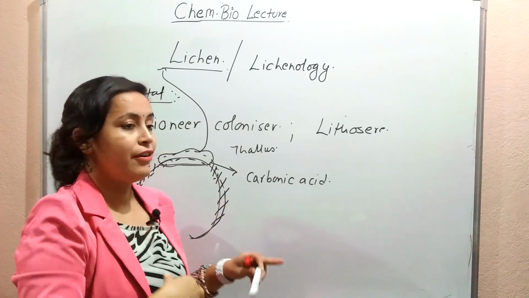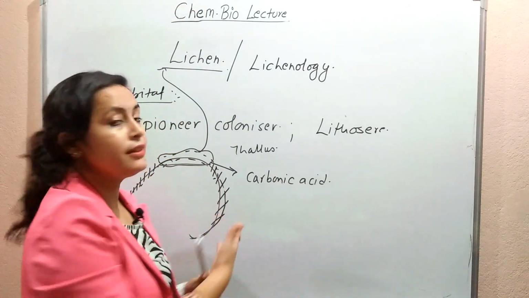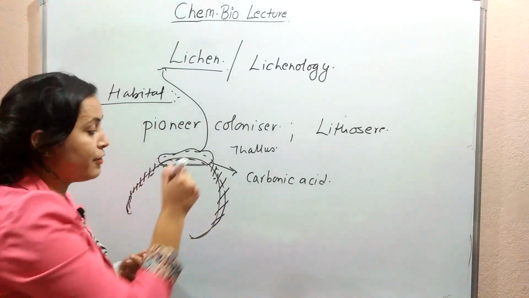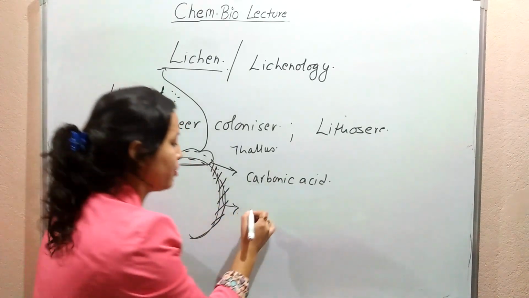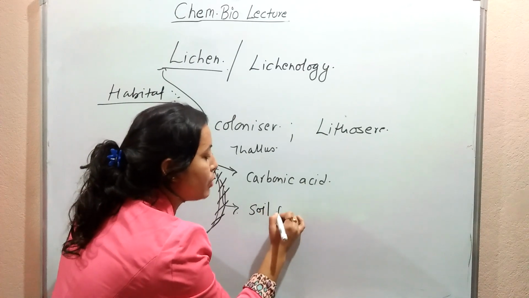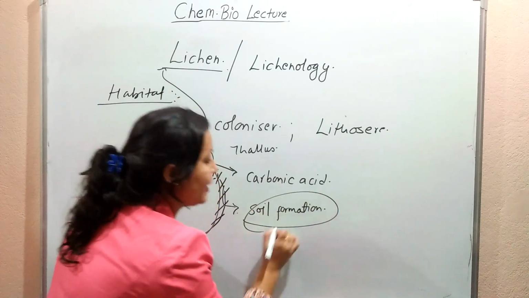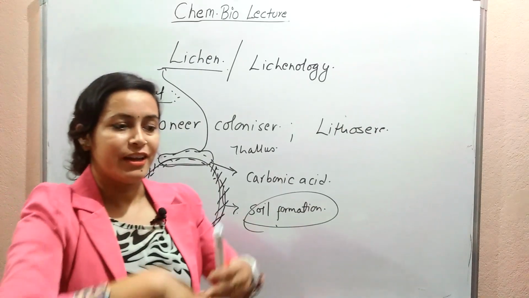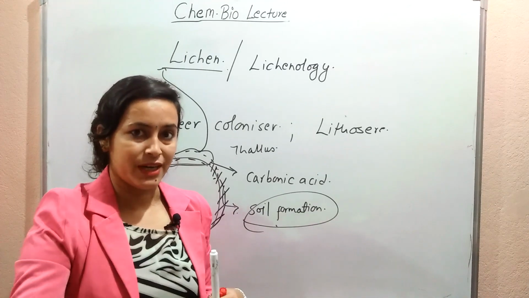When they are liberating carbonic acid and eroding the surface of the rock, they finally result, in the long term, in the formation of soil. And in the soil, the environment now becomes suitable for other organisms to occur.